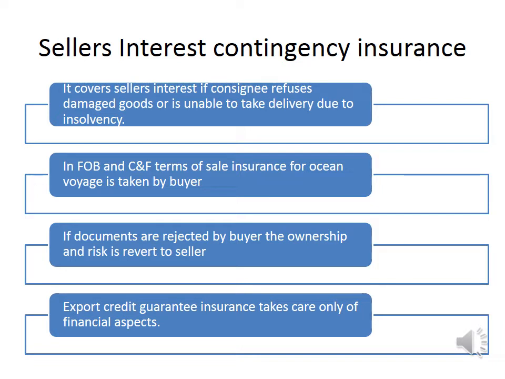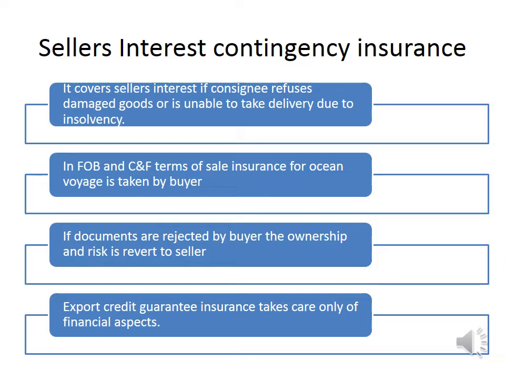For example, in FOB cover, the insurance company can take a stand that my risk will attach when the ship moves out, as per the Marine Insurance Act 1963 or 1906 UK. So if she sinks at the time of loading only, then the seller's contingency policy will take care.